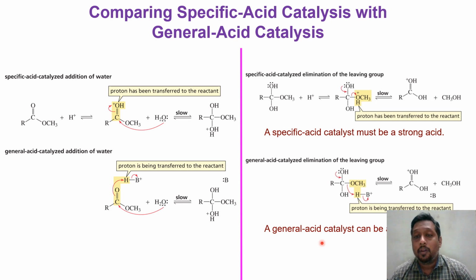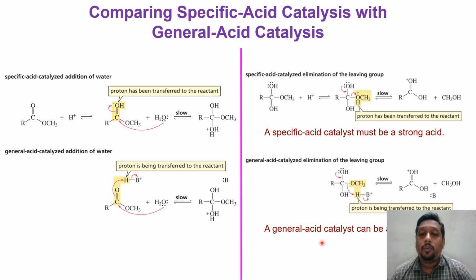So, which is very, very important. Later on, we are going to look at enzyme catalyzed reactions. All the enzyme catalyzed reactions will happen at the active site of the enzyme. So you will have amino acids present at the active site of the enzyme, which may be acidic amino acids and basic amino acids. Those are moderate or weaker acids.